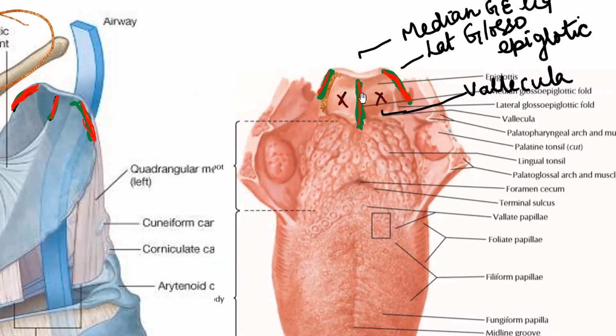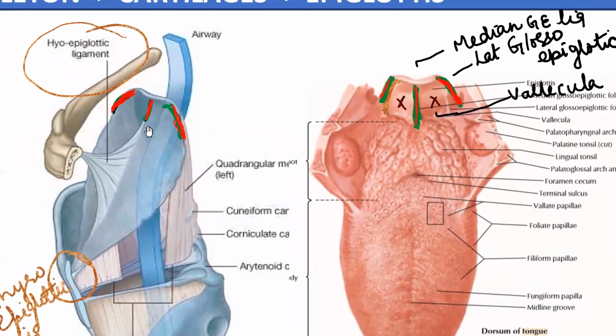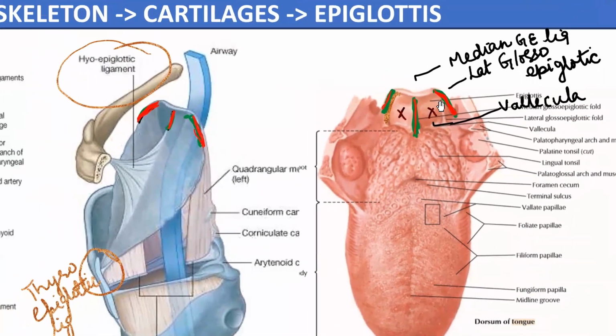And in between the median and the lateral glossoepiglottic ligament, a depression is formed, and this is named the vallecula. So the anterior surface of the epiglottis is attached to the hyoid bone by the hyoepiglottic ligament, and it is also attached along its anterior part to the tongue by the median and the lateral glossoepiglottic ligaments.